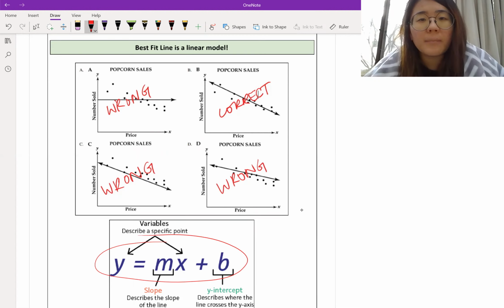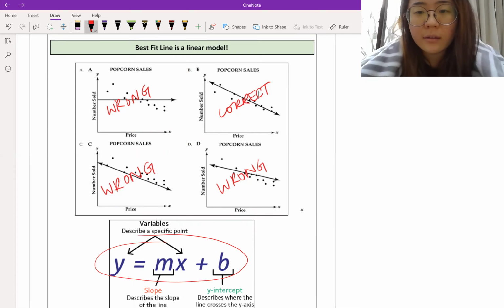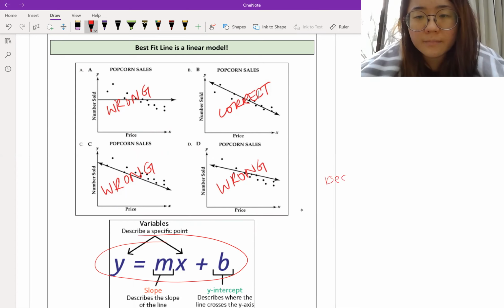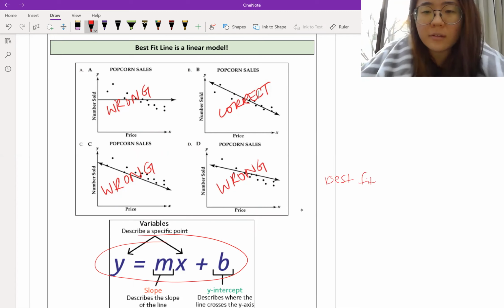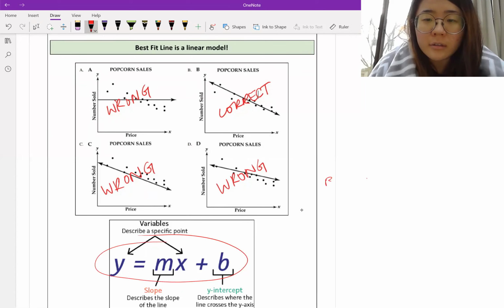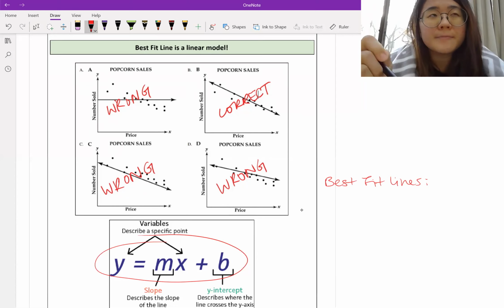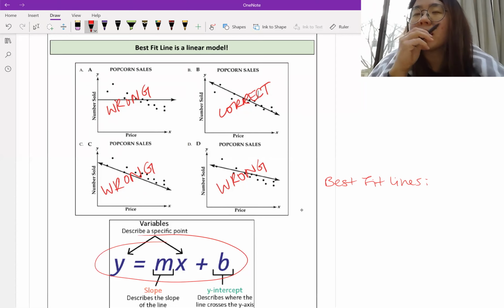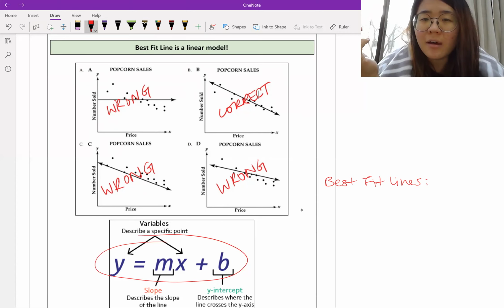Now, best fit lines basically are a good model, a good guess that you can use to calculate.